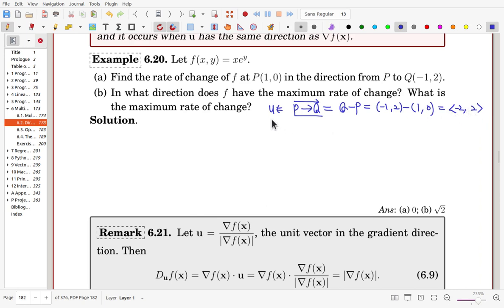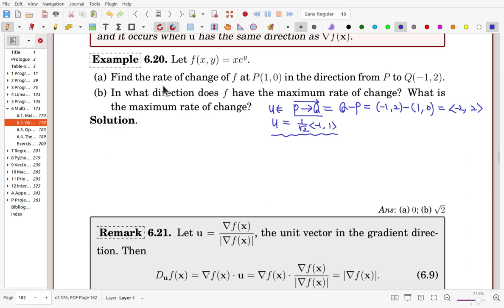So u, the unit vector in that direction: the length is 2 square root of 2, so dividing by 2 square root of 2 is the same as 1 over square root of 2 times (-1, 1). That is the u direction, the unit vector.